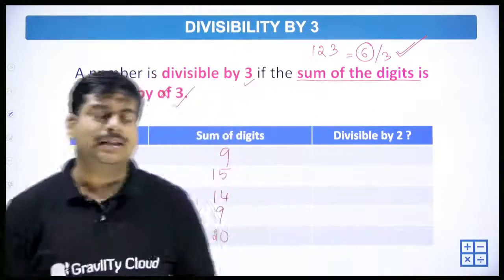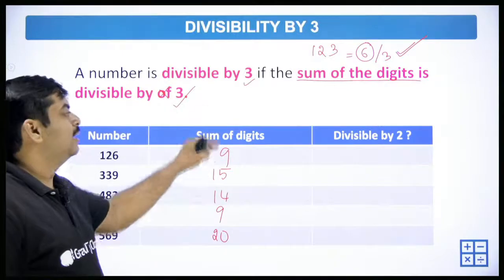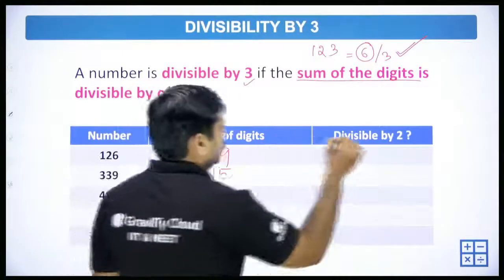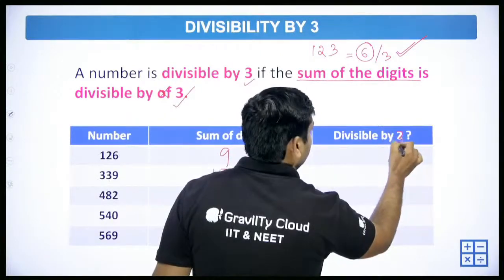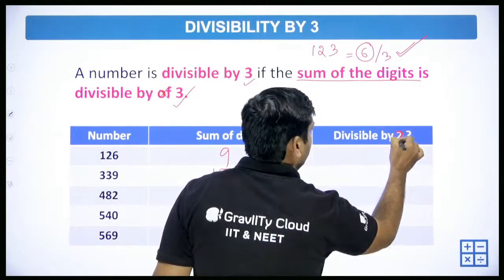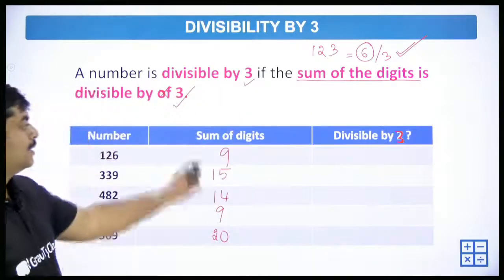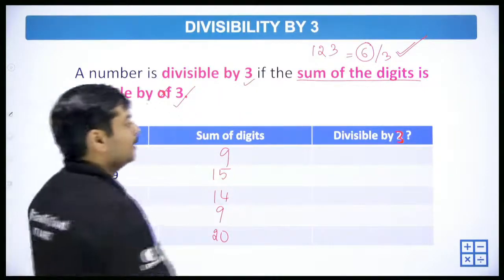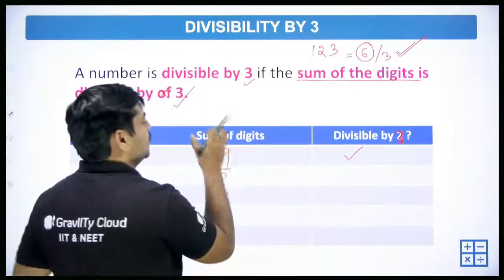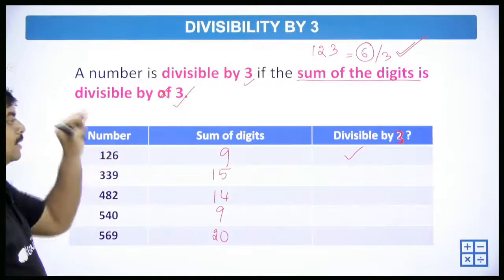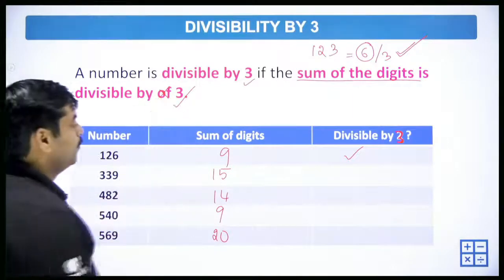So now the point is, is 9 divisible by 2? It's not divisible by 2. We are talking about divisibility by 3. Sum of the digits is 9. Is it divisible by 3? Yes. 9 is divisible by 3. So I can say that the total 126 is divisible by 3. 15?